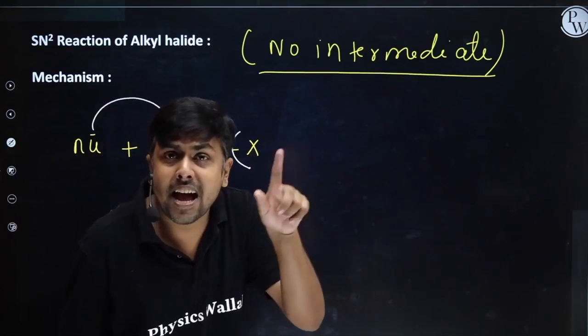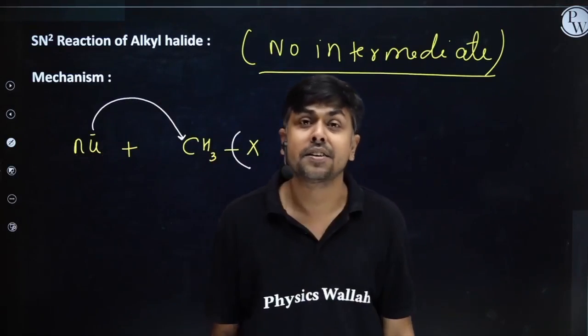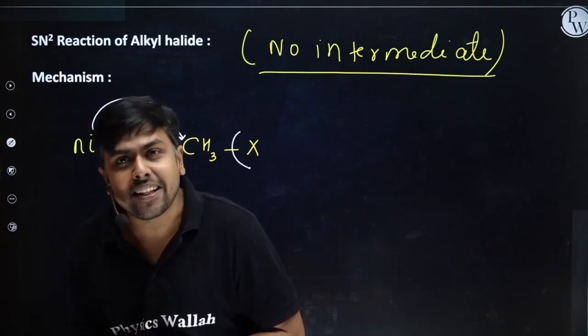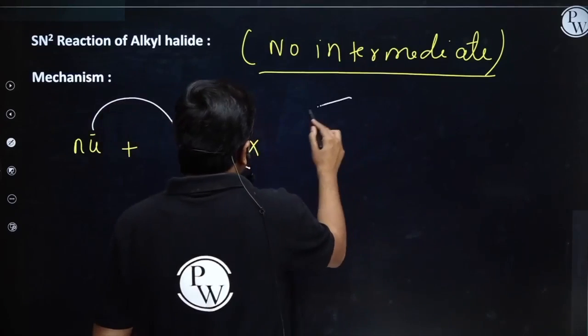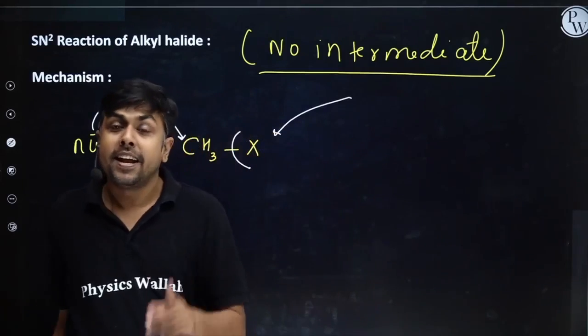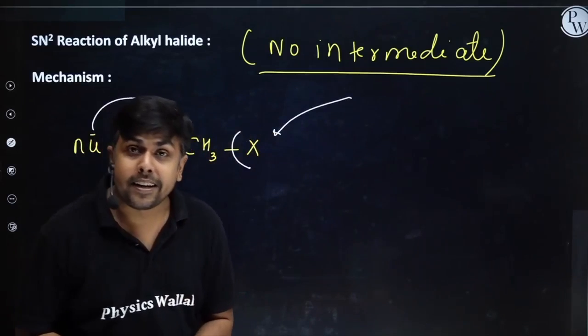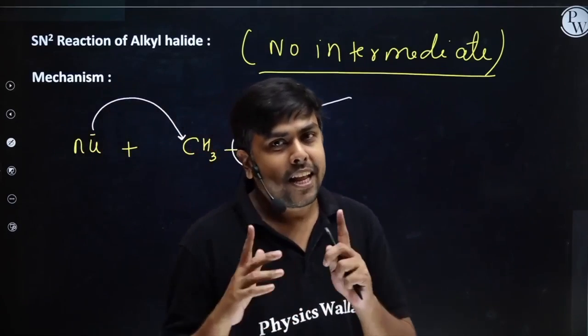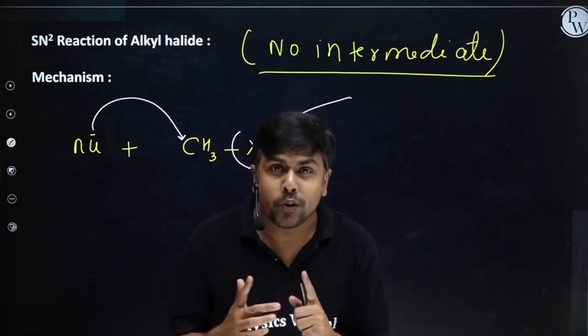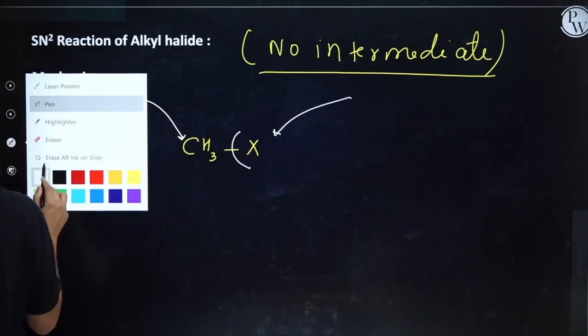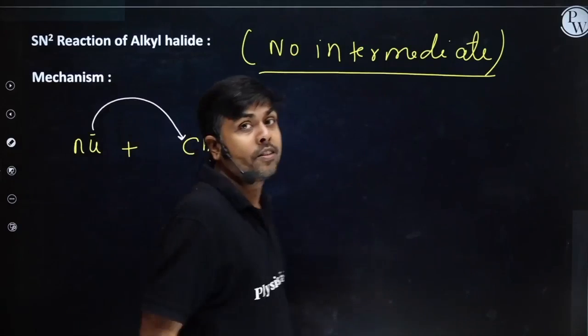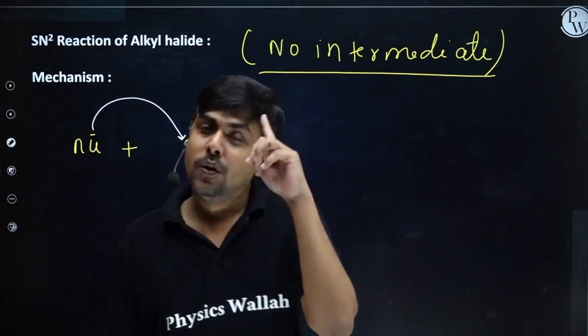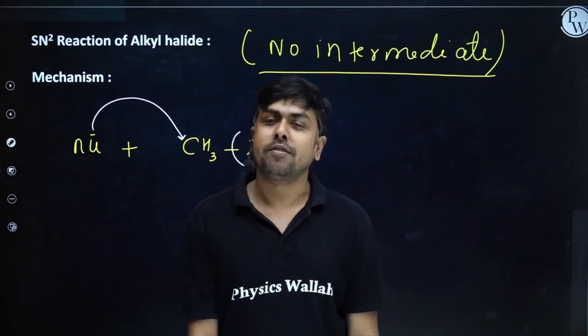And this halide ion will have an anionic character. The nucleophile also has an anionic character. If it approaches from the front side, it will encounter inter-electronic repulsion. In order to avoid that, the nucleophile approaches from the backside. This is one of the reasons why the nucleophile approaches from the backside.